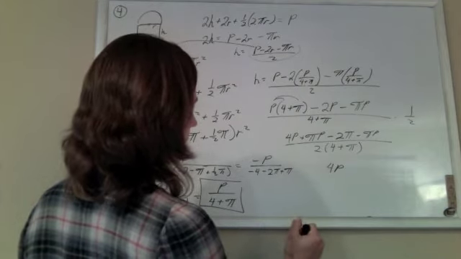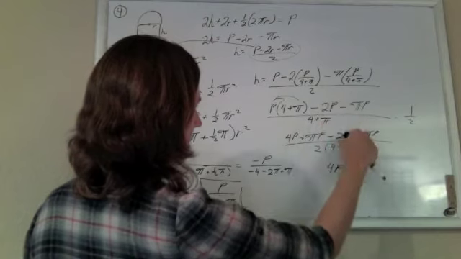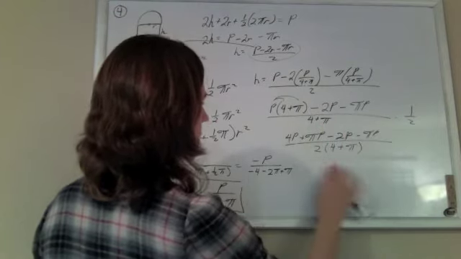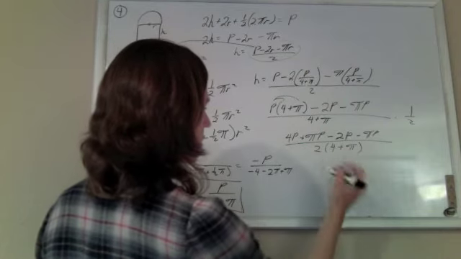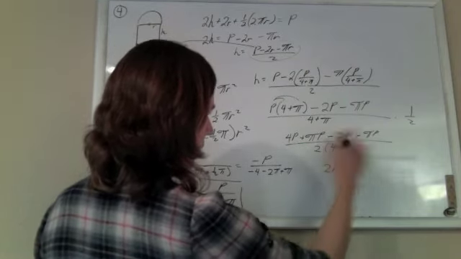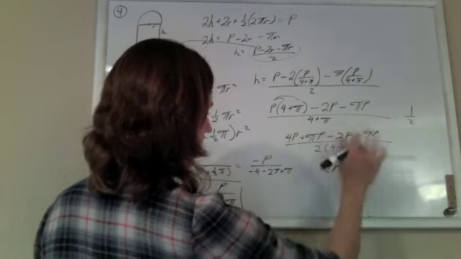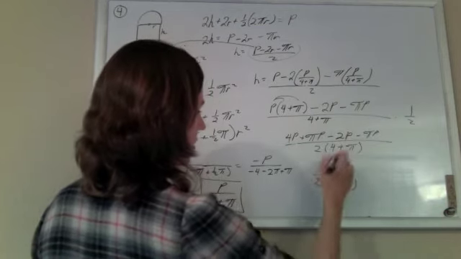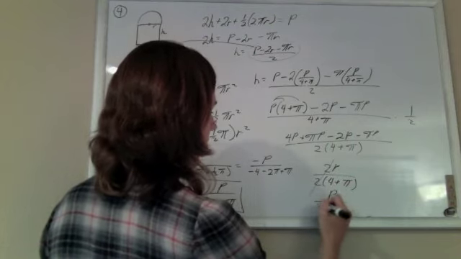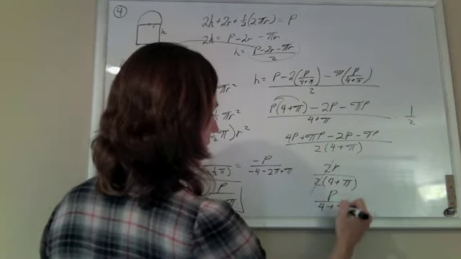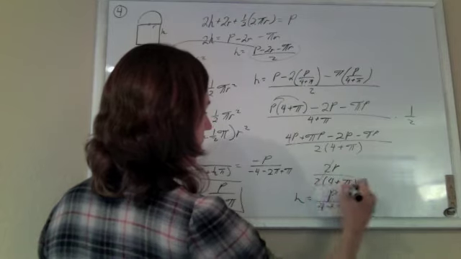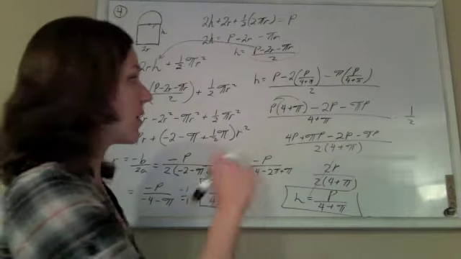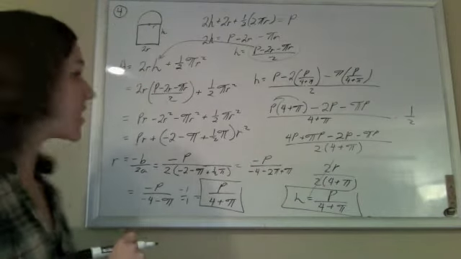Lots of pi's and p's. Ah, oops, just miscopied right there. That should be a 2p. So 4p minus 2p is 2p. Those pi p minus pi p go away. All over 2 times 4 plus pi. The 2's cancel out. So the height is the same. The height is also p over 4 plus pi. So the radius is that, the height is that. That'll maximize the area. Ta-da!